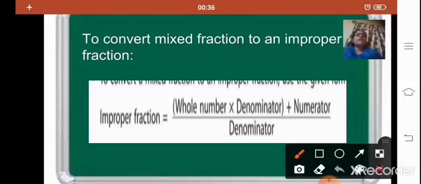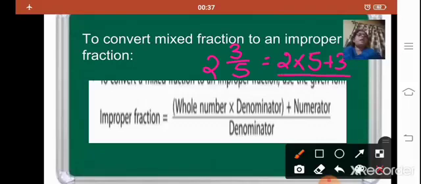Now suppose I take the mixed fraction 2 3 upon 5, and I have to convert this mixed fraction to an improper fraction. What I'll do is take the whole number, that is 2, multiplied by the denominator, that is 5, plus the numerator, 3, upon the denominator, that is 5.